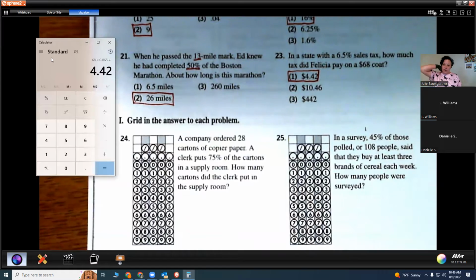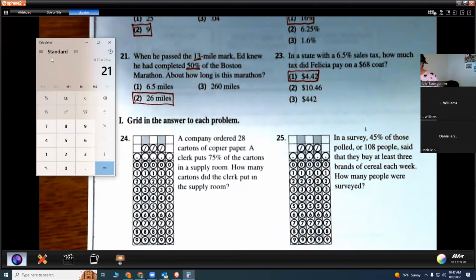Let's look at number 24 and 25. A company ordered 28 cartons of copier paper. A clerk put 75% of the cartons in a supply room. How many cartons did the clerk put in the supply room? So we just need our part. So we take our percent, 0.75, times our 28.